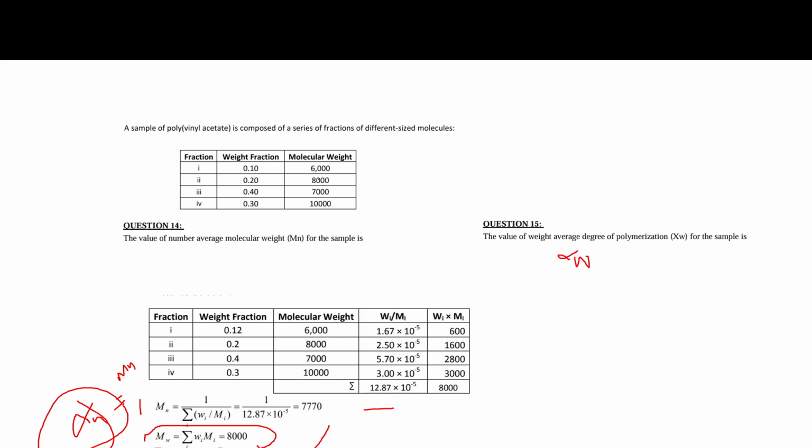But when someone talks about xw, the degree of polymerization due to the weight average molecular weight, that will be xw, which will be Mw by M0. This is also a last class question, so you can match that solution with yours.